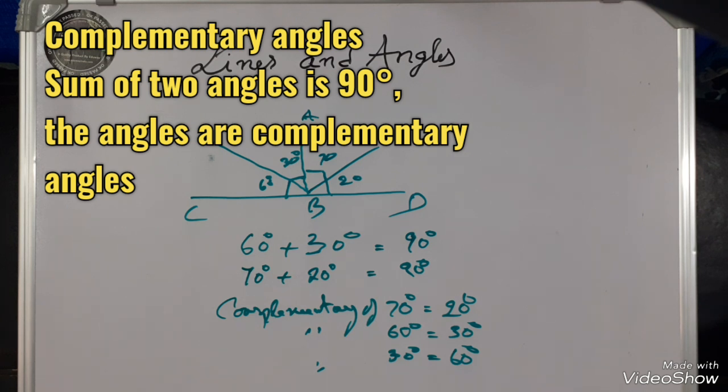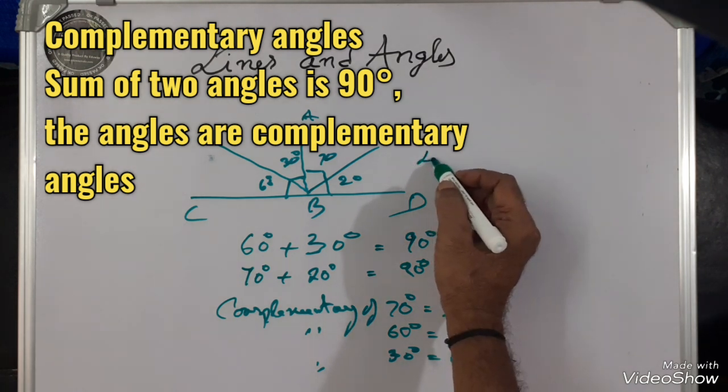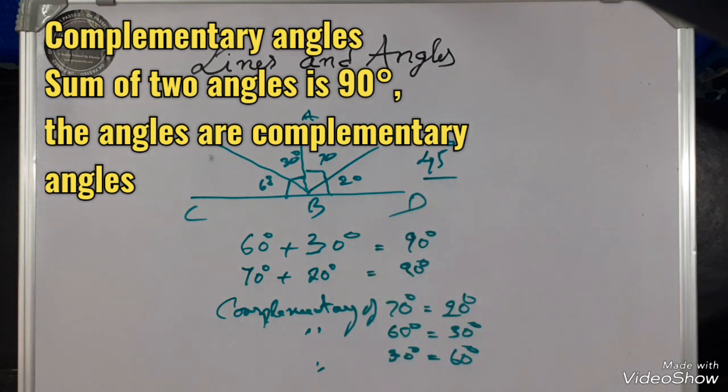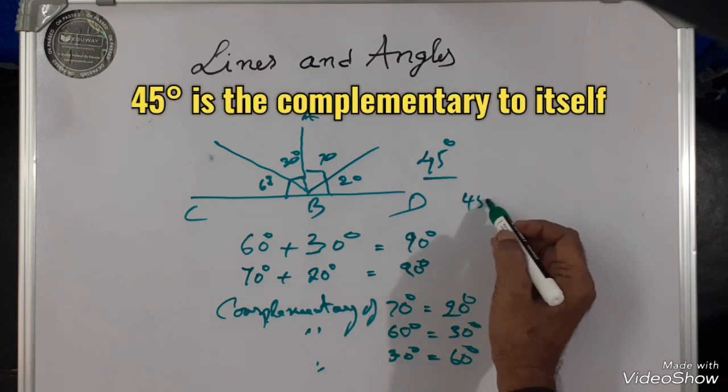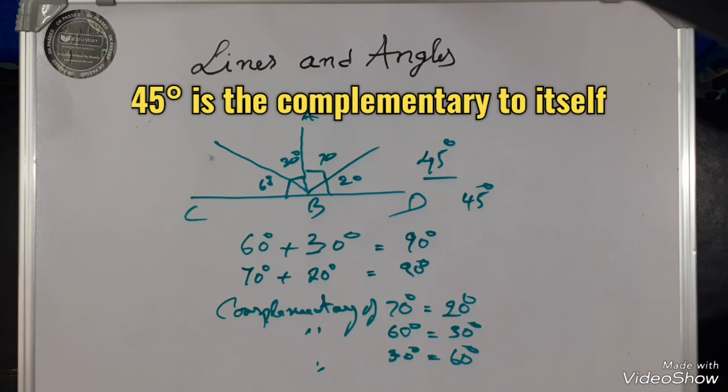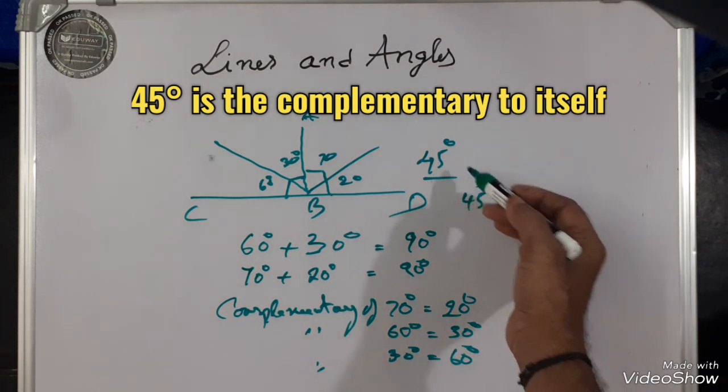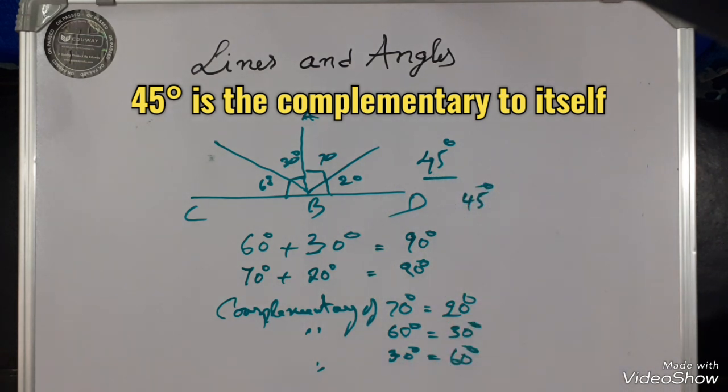So remember that complementary angles means when the sum of two angles is equal to 90 degrees, then the two angles are complementary to each other. One more example, suppose 45 degrees. What is the complementary angle of 45 degrees? 45 only. 45 plus 45 is 90 degrees.